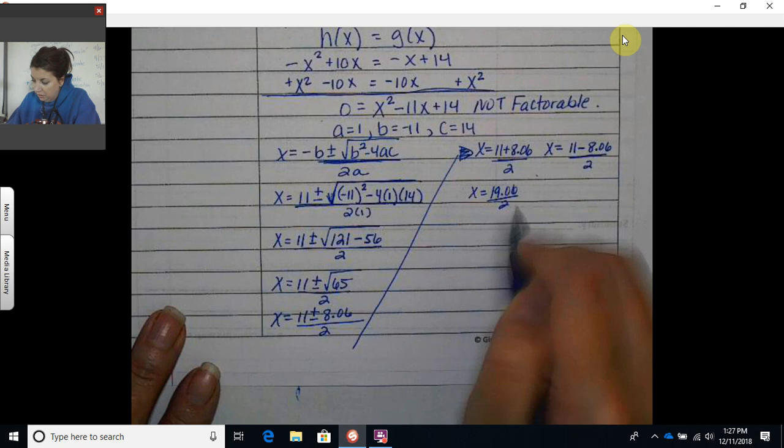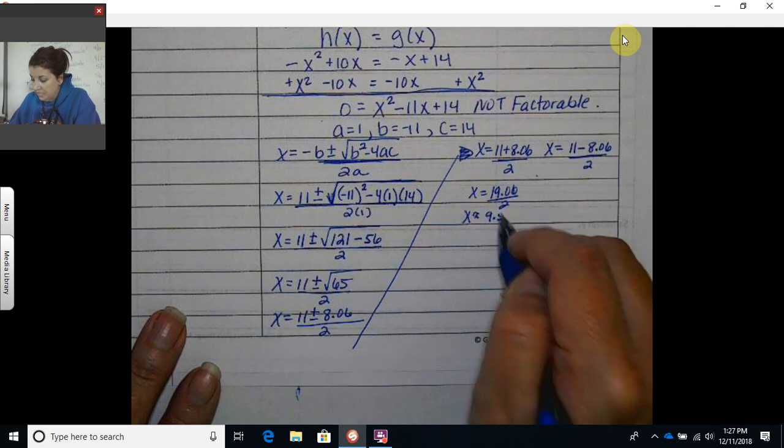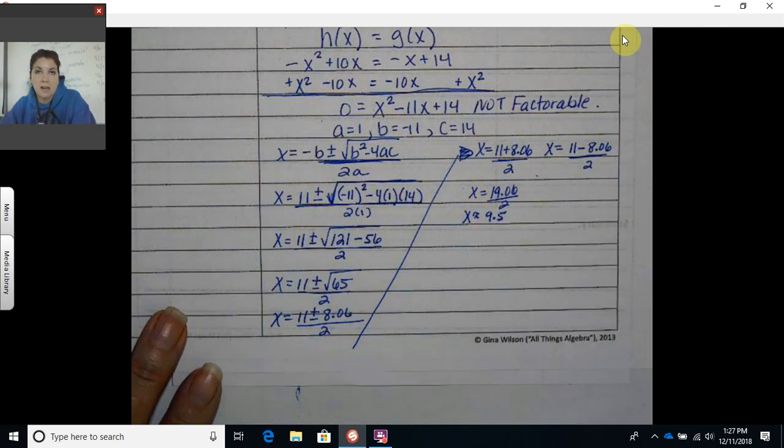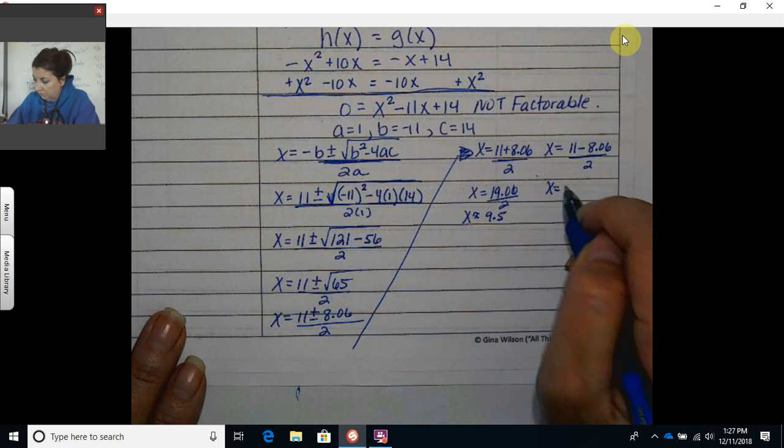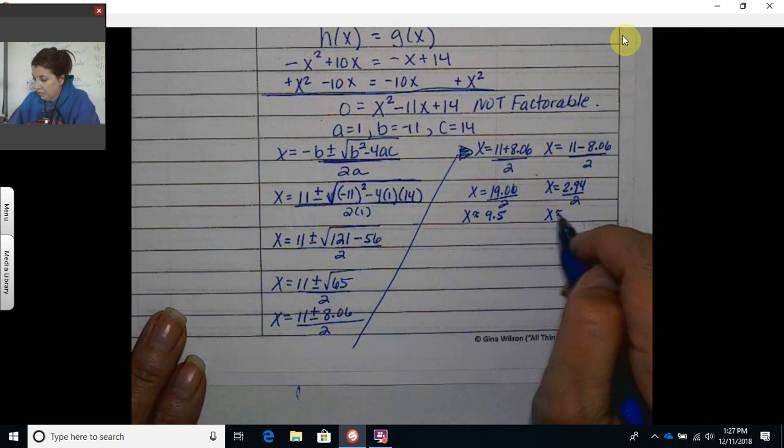Divide that by 2, and x is approximately 9.5. And I said approximately because I had to round the square root of 65. So that's not an exact answer, that's an approximate answer. Now on the other side, 11 minus 8.06 is 2.94. Divide that by 2, and x is approximately 1.4.